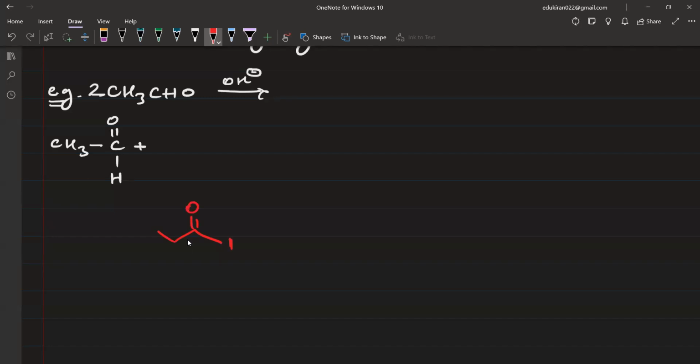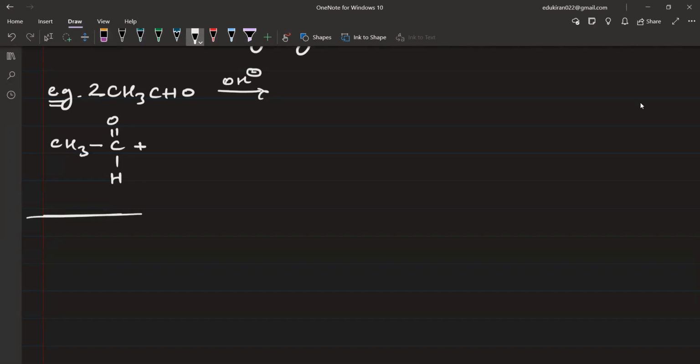C double bond O and hydrogen, 1 2 3. Which is the alpha carbon here? Speak loudly. 2. And what is the last carbon? 3. Okay, keep this in mind. I have told you all the pitfalls, now there should be no mistakes.